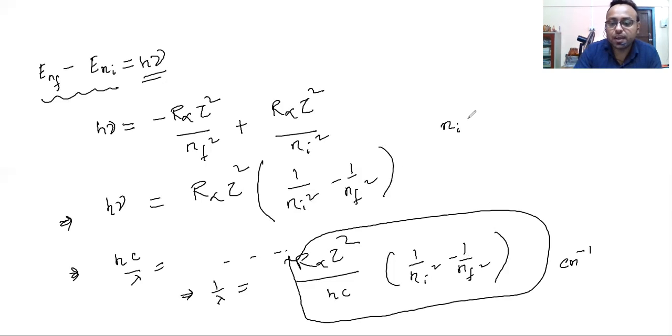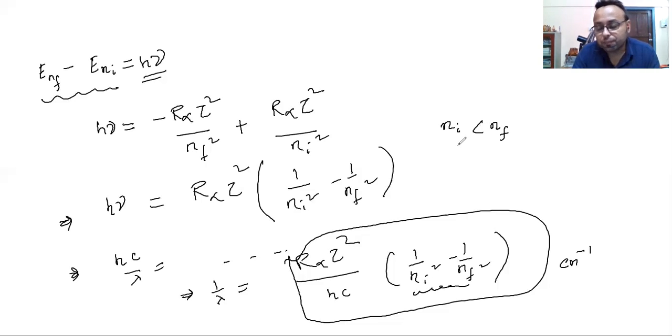Then definitely n_i will be less than n_f, so 1 by n_i will be greater than 1 by n_f, so this will be positive.